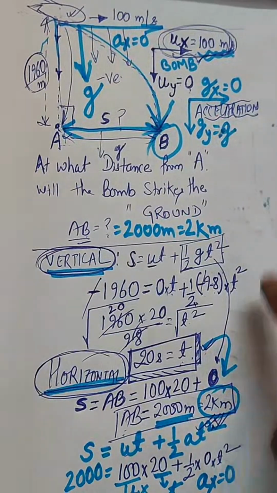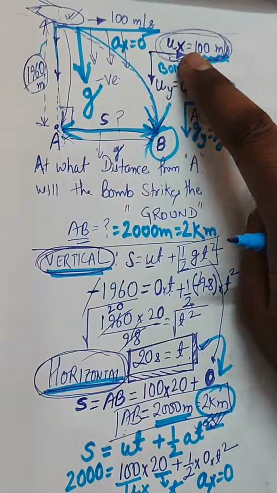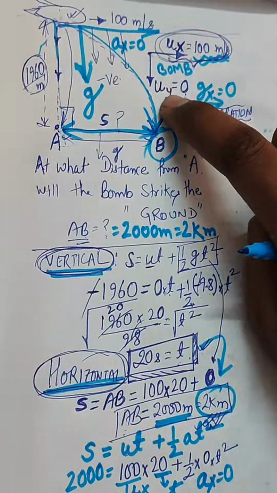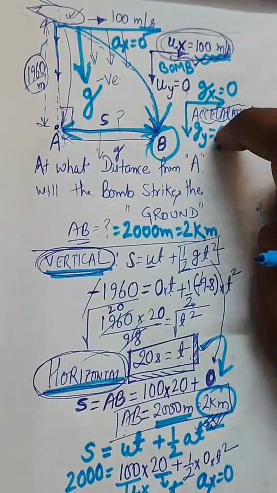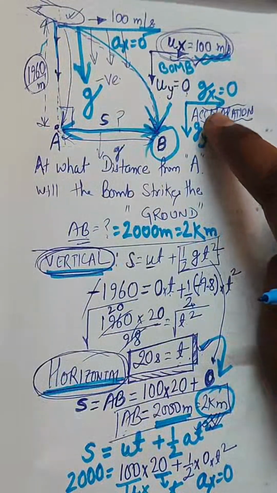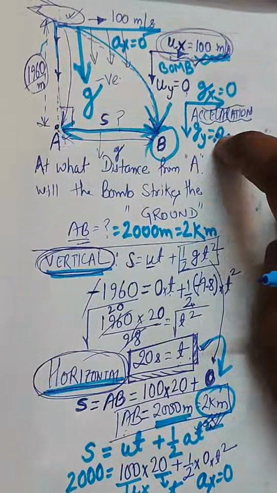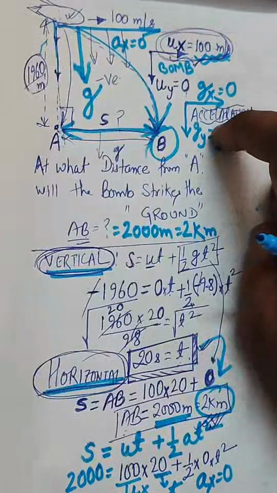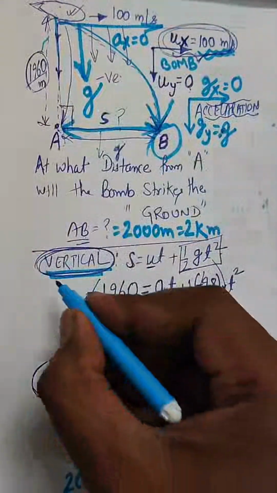If you consider the bomb's initial components, the horizontal component is 100 and the vertical is 0, right? And similarly for acceleration, the two components gx and gy: horizontal is 0, vertical is small g. You can just apply this and solve in two steps.